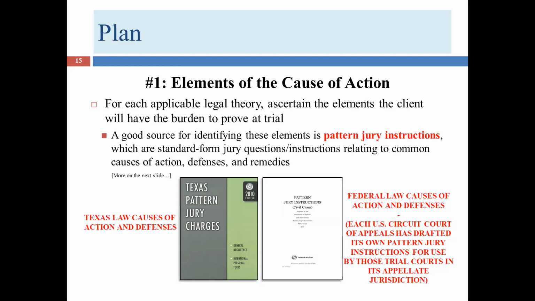So let me give you a little history about pattern jury instructions. Once upon a time, whenever there was a case, before there were pattern jury instructions, the two attorneys from the two sides would propose jury instructions to the court. And of course, the plaintiff would propose very pro-plaintiff jury instructions, and the defense would propose very pro-defense jury instructions.